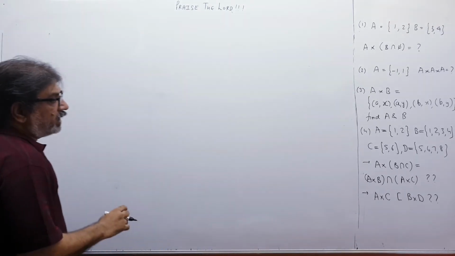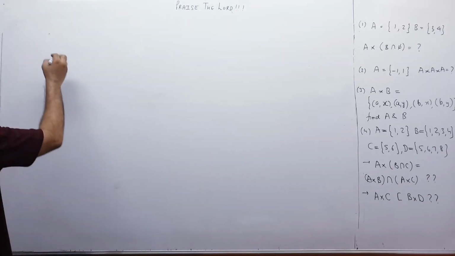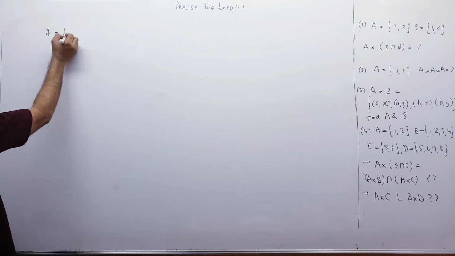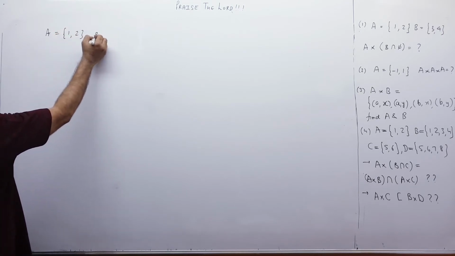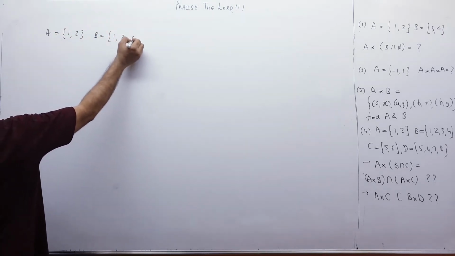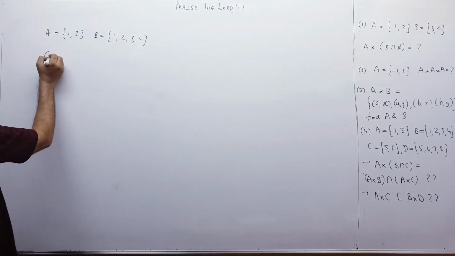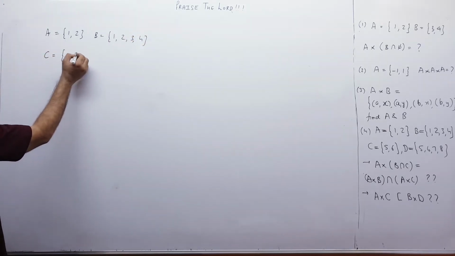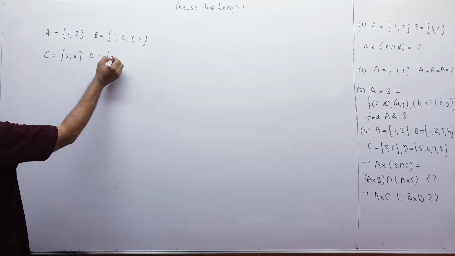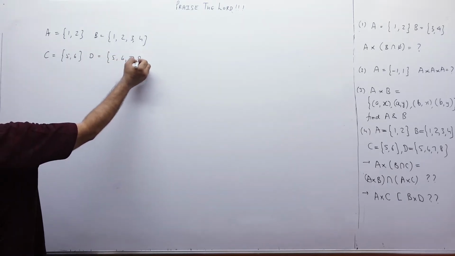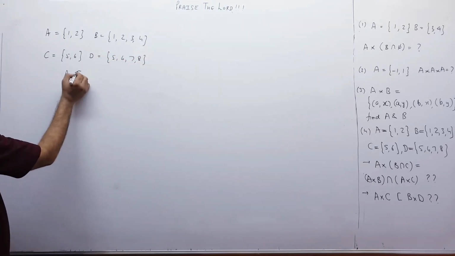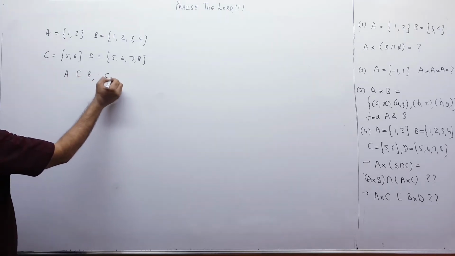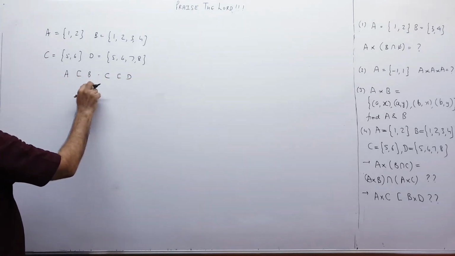See, A is given to me 1, 2, B is given 1, 2, 3, 4. C is 5, 6, I think, and D is 5, 6, 7, 8. We can easily see that A is a subset of B and C is a subset of D, that we can make out.